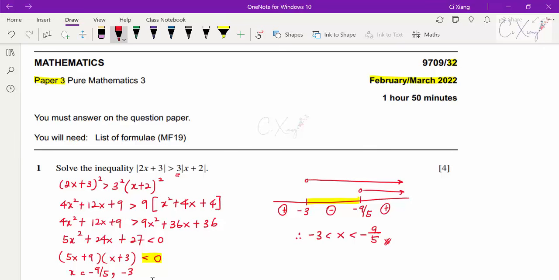It means that when x has values within this range, the whole expression will be a negative value. So this is how we solve question number 1.